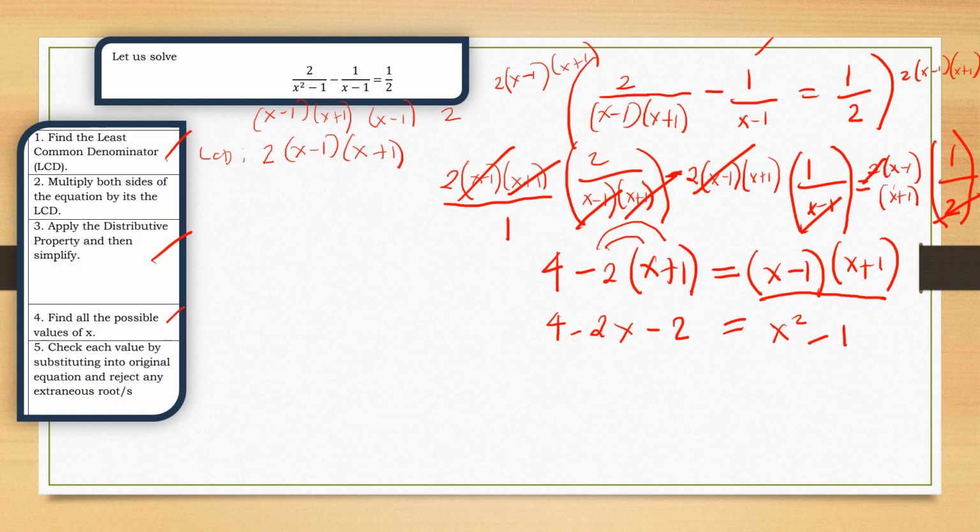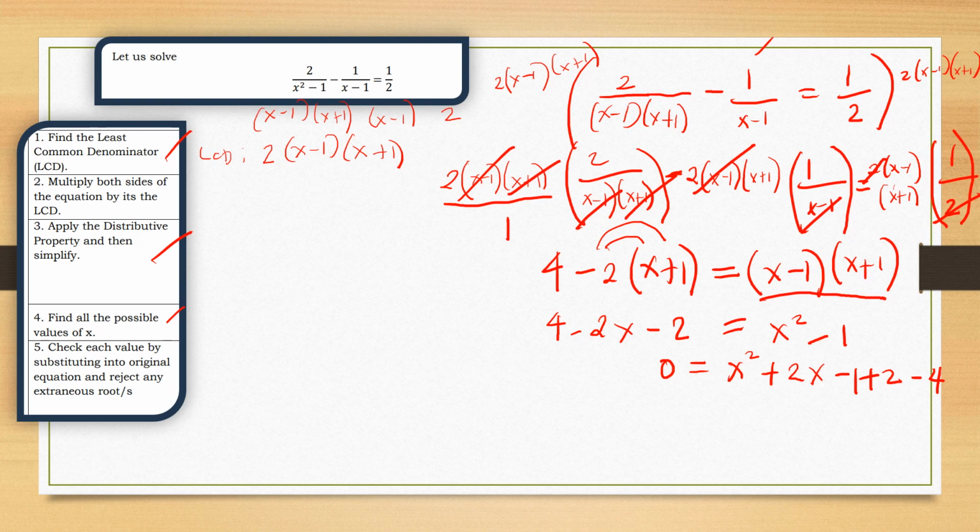So, dahil x squared to, nandito yung may highest exponent na x, lahat ng to ilagay natin sa kanan. So, ang matitira dyan, 0, x squared, isunod natin yung may variable na x, plus 2x, plus 2x kasi mula sa kaliwa pupunta sa kanan, minus 1, plus 2, and then minus 4. Yan ha.